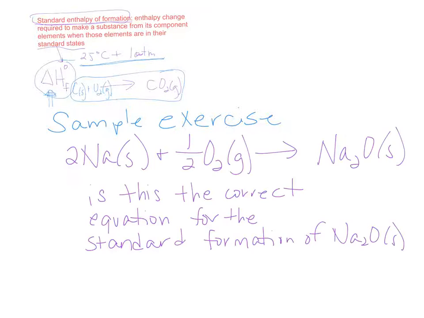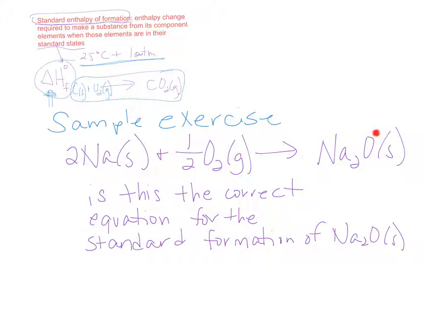The first one they give is 2 sodium as a solid plus 1/2 oxygen as a gas, 1/2 of a mole of oxygen as a gas, makes 1 mole of sodium oxide. And what they're asking is, is this the correct way to write the standard formation of sodium oxide?